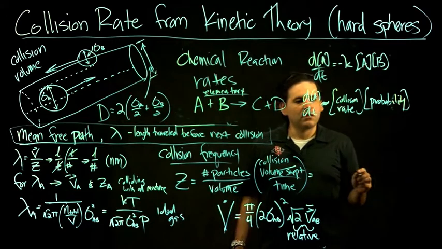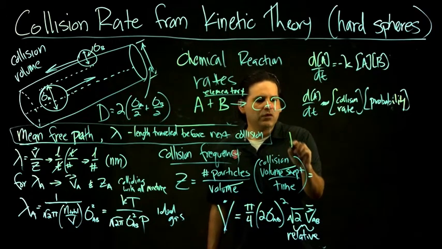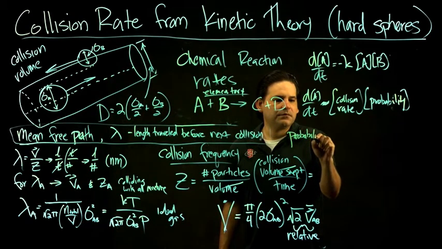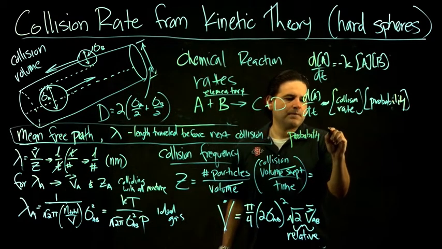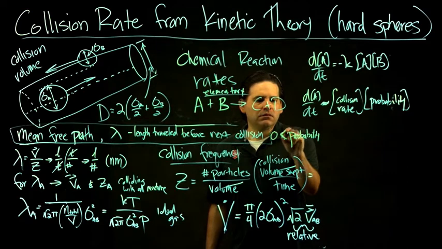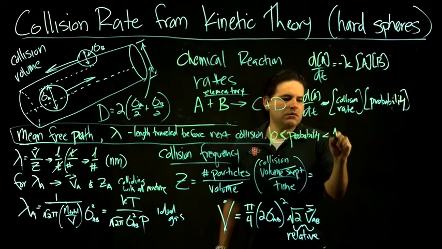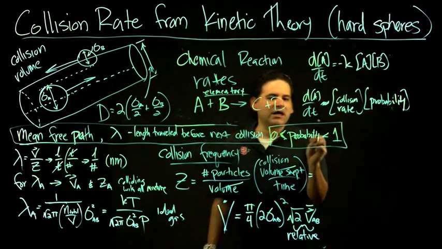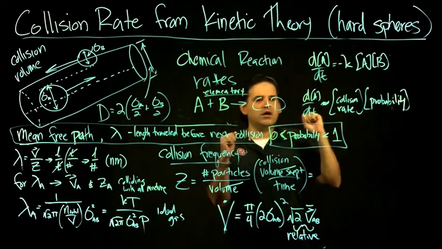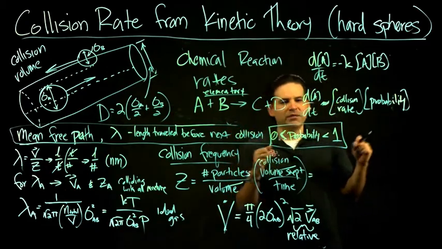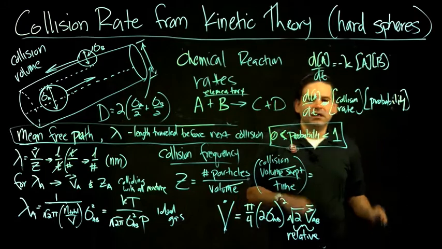So the probability, of course, is between 0 and 1 by definition. By definition, it's either going to happen or it's not going to happen. And 1 would be it's always going to happen, 0 would be it's never going to happen. And probability means it's somewhere in between. There's a chance.